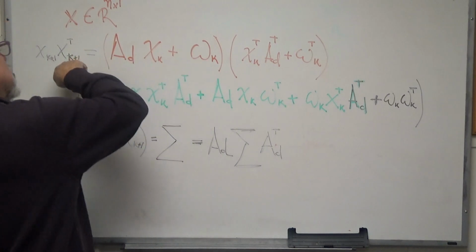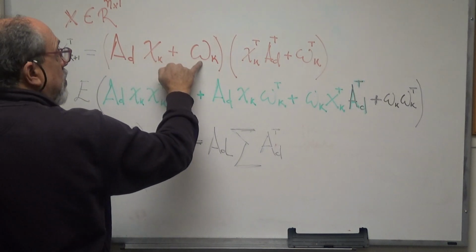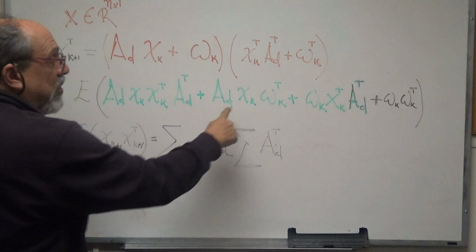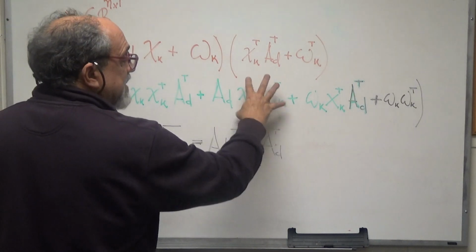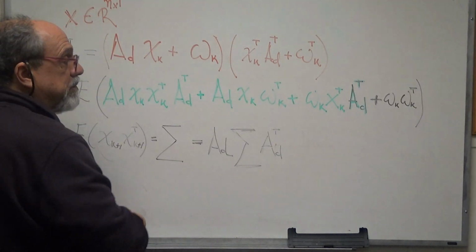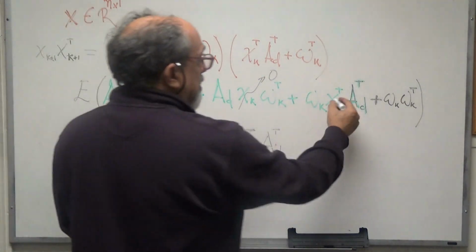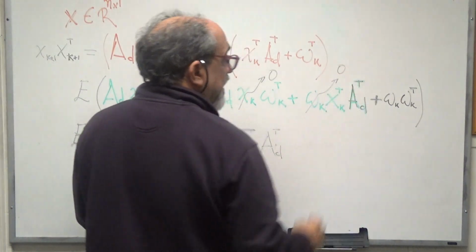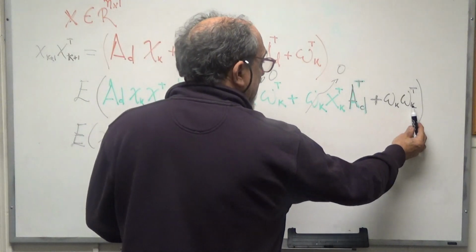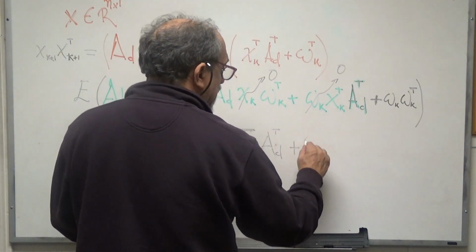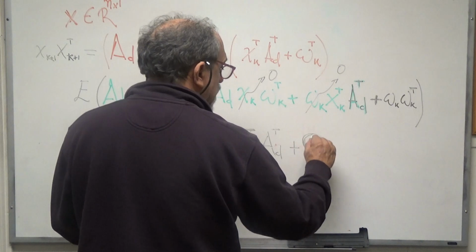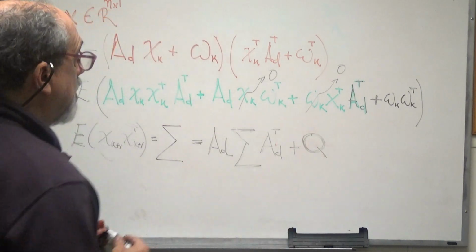The state at k plus 1 could be influenced by omega k, but not the state at k. So this thing here has an expectation which is 0. The same thing happens here, that's just the transpose. And the expectation of omega k times omega k transpose, we already gave it a name, and we called it Q, right?